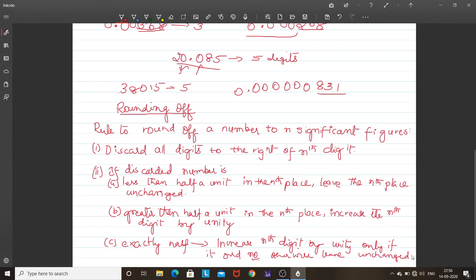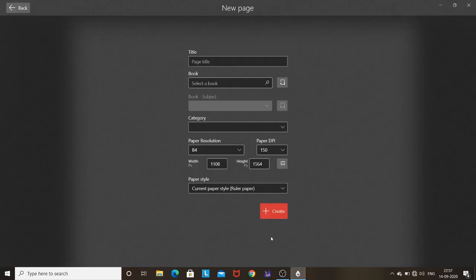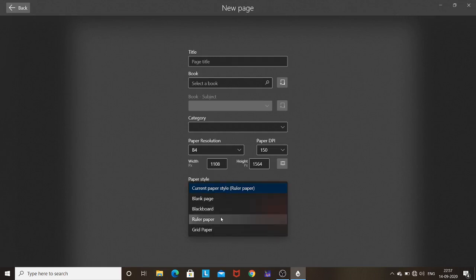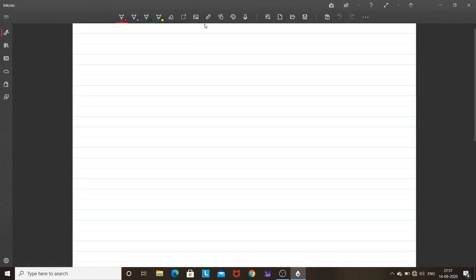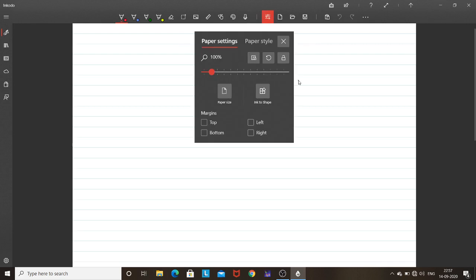So if you didn't understand this rule, let me take one example to understand this rounding rule. Okay, here is a problem.